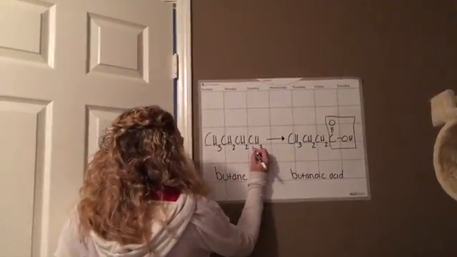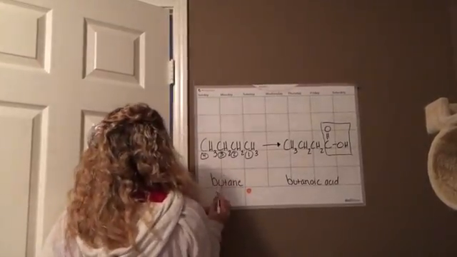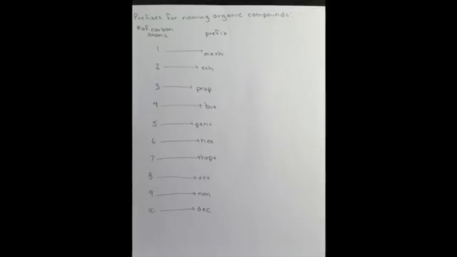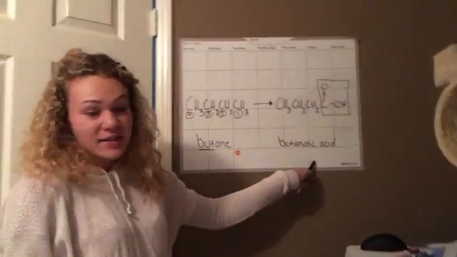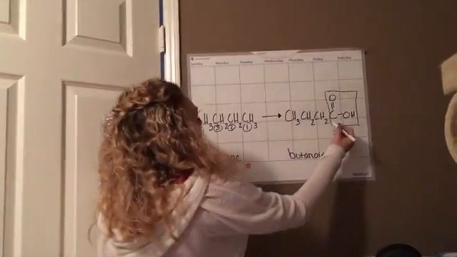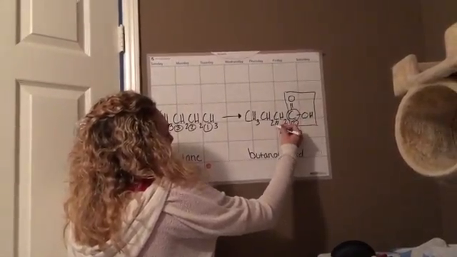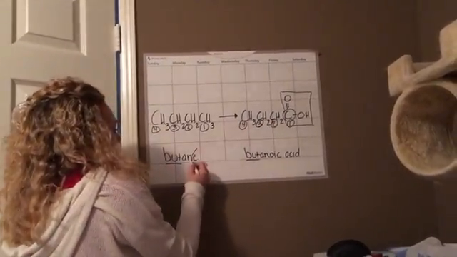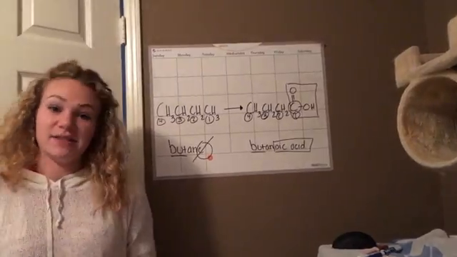So this would be 1, 2, 3, and 4, which corresponds to the prefix but. Starting with the carbonyl carbon as 1, 2, 3, 4, which is but, we drop the E off the alkane name and add oic acid for butanoic acid.